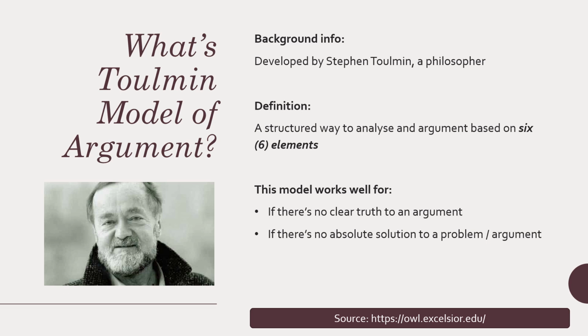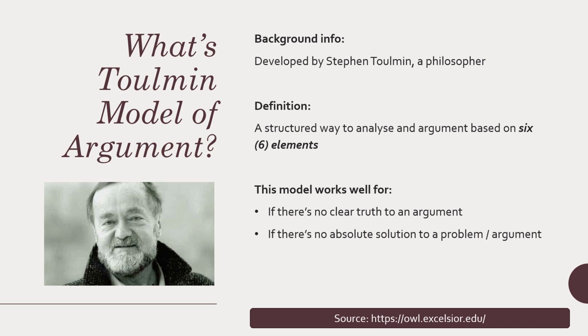When we talk about structured manner, it reflects on the part that when you want to analyze something, you have to actually follow according to the criteria given. Okay, so hence that's the definition of Toulmin model of argument, and it includes 6 elements. Later we'll go through one by one.